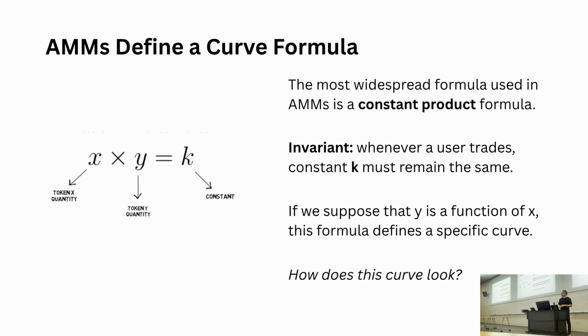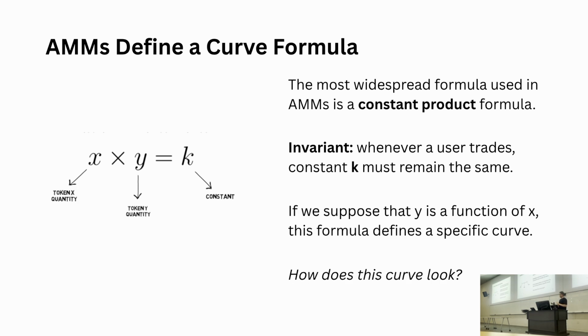It's X and Y. X is the current amount of some token A, think of it as USDC or ETH, and Y is the quantity of the token B. Again, if X is USDC, let's say Y is ETH. And K is just a constant number, which is equal to the multiplication of those amounts in the first place.